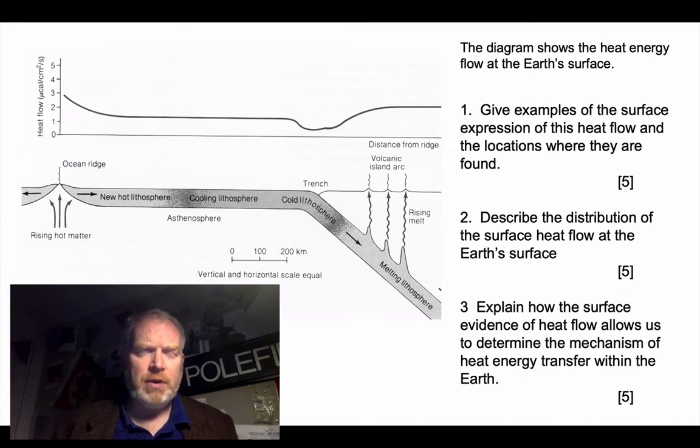The graph above, plotted to the same horizontal scale, shows us the variations in heat flow that we get across this area. Don't worry about the units for this particular graph. Microcalories per centimetre squared per second. It's just a measure of how much heat energy is coming out of the Earth for each unit area every second.